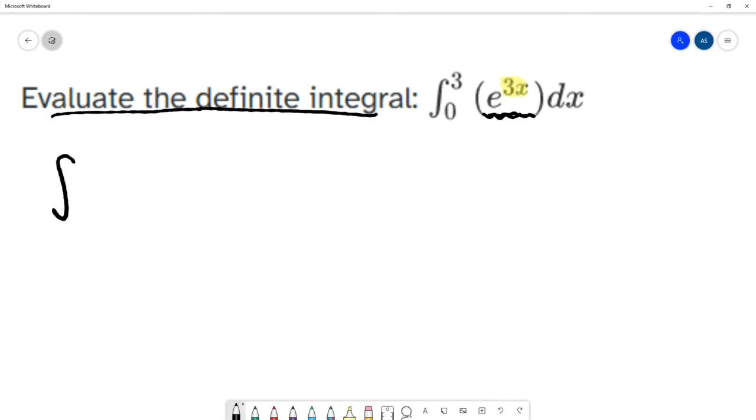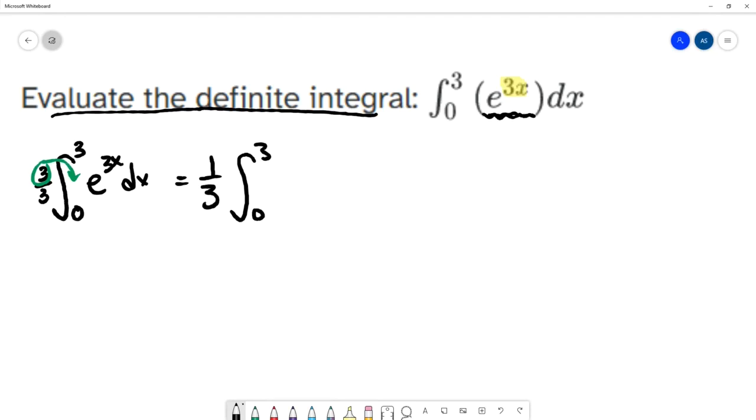So in order to make our antiderivative rule work, we need a 3 over 3. And we're going to pull in the 3 that we need. So we'll write this as 1/3 the integral from 0 to 3 of 3e to the 3x dx.